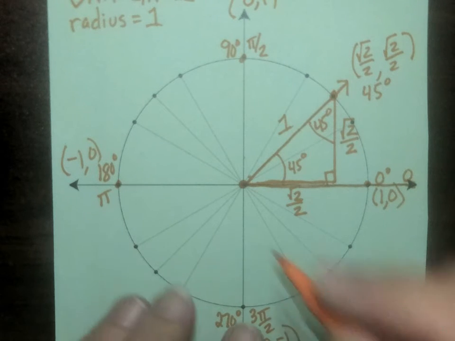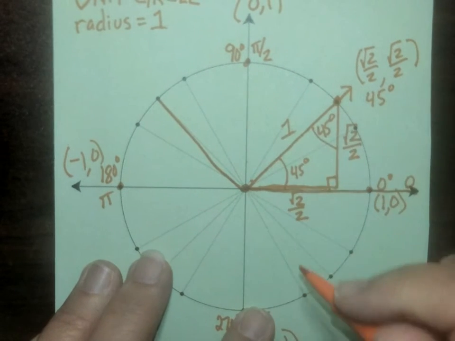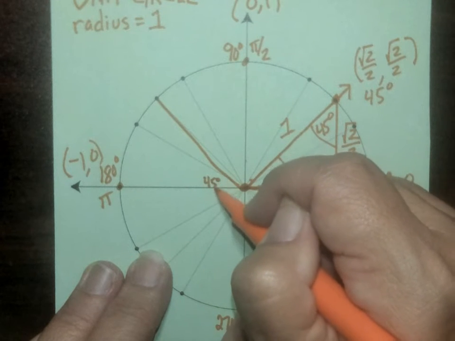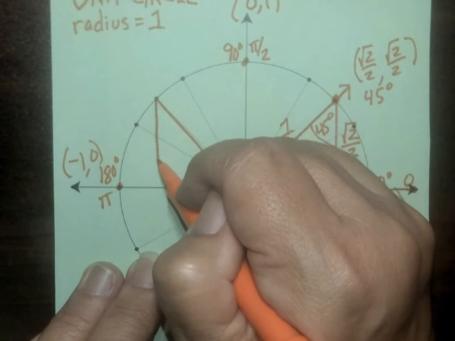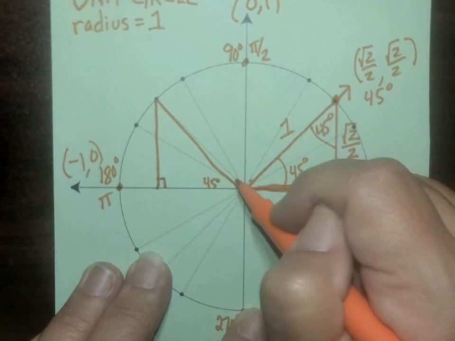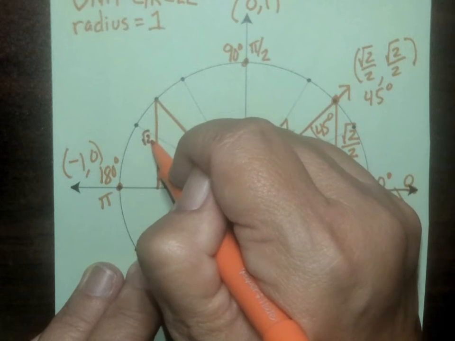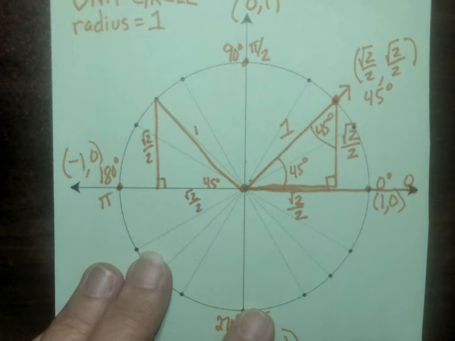Alright, so let's look where there's another reference angle of 45 degrees. You see here, this would be a 45-degree angle with the x-axis. So I could also make a triangle. This is my hypotenuse, it's 1. So my legs are going to be square root of 2 over 2, square root of 2 over 2.